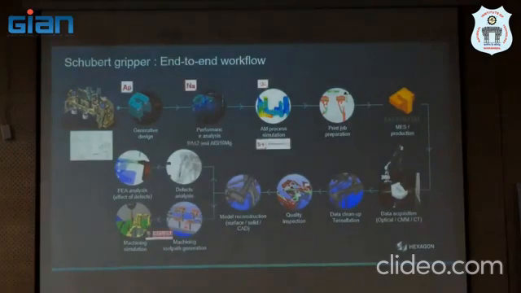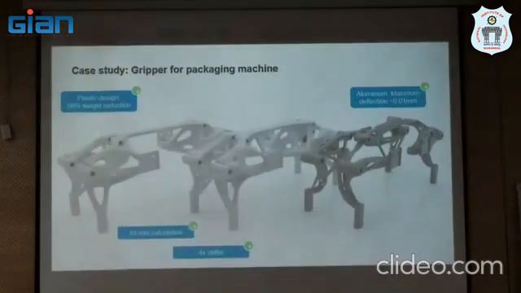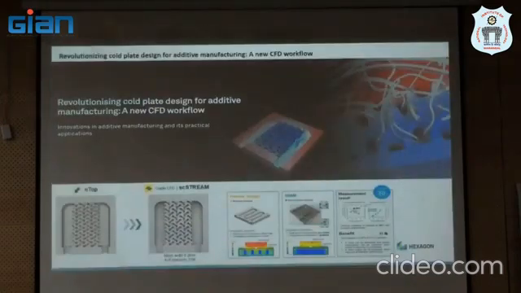You have to use at least 5 to 6 different tools during this. This is one example which is already done. One was designed for plastic, one for aluminum. This is a recent one, a cold plate used for electronics, which we optimized with topology optimization, and we understood the heat flow and other things.